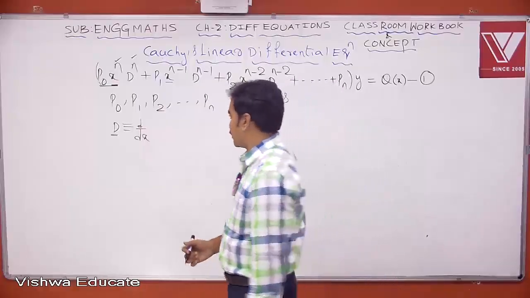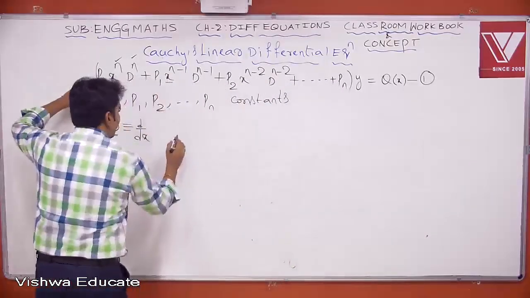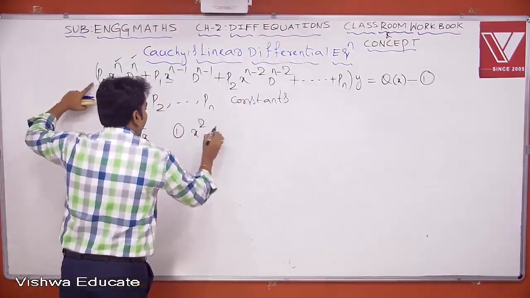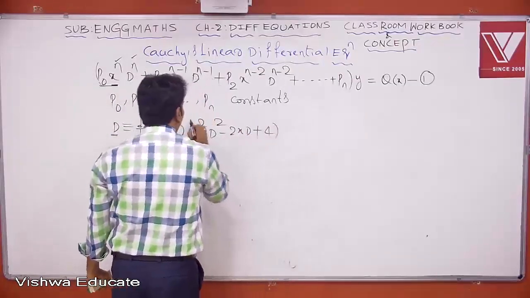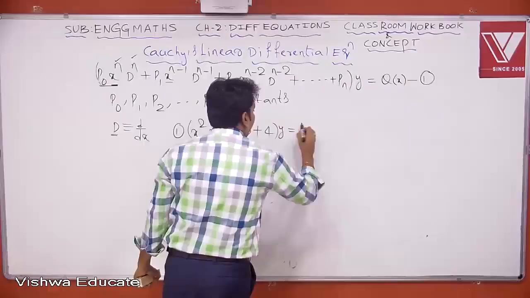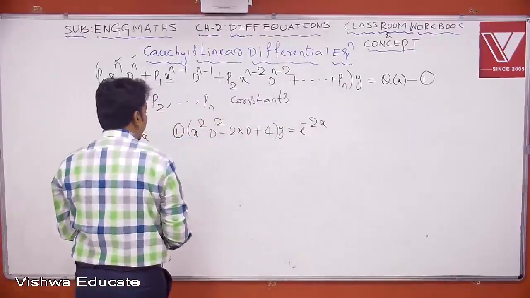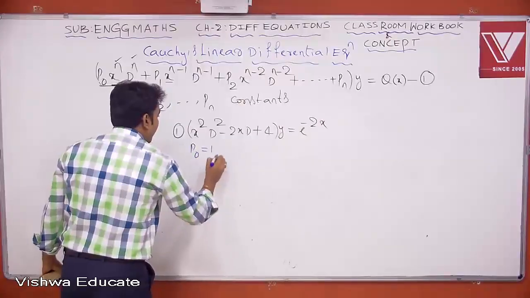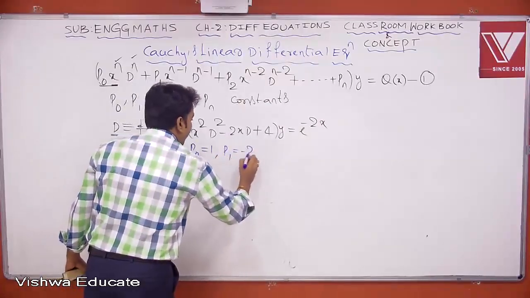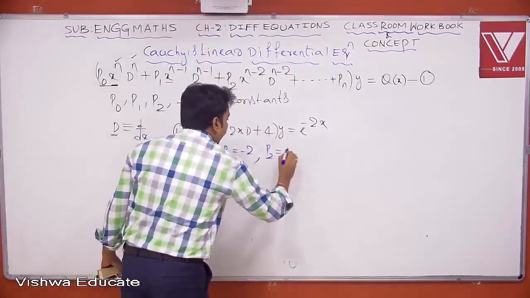Now let me give one example. Suppose I have x square d square minus 2xd plus 4 of y equal to e power minus 2x. In this case, my P naught is 1, P1 equal to minus 2, P2 equal to 4.